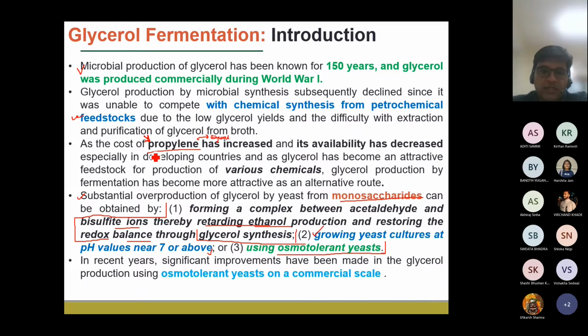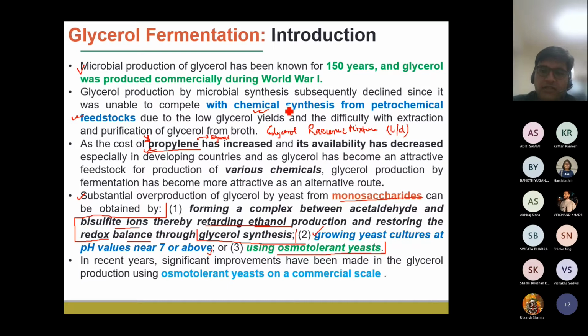But the increased cost of this starting material has shifted glycerol production toward the biological route. Also, if you are using glycerol for biological applications, such as food additives, then we cannot use glycerol produced by the chemical synthesis route, because I am sure everyone knows the term racemic mixture, the levo and the dextrorotatory forms.